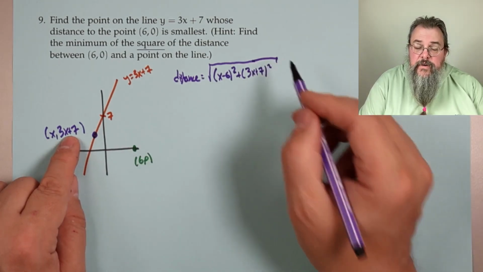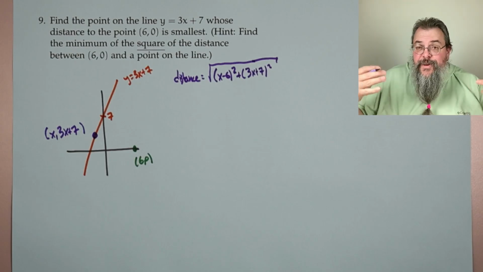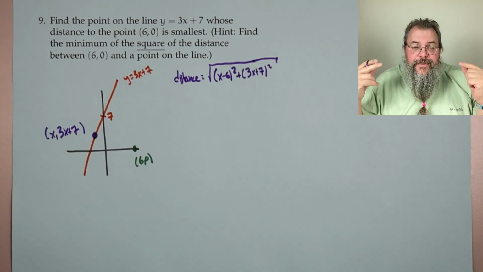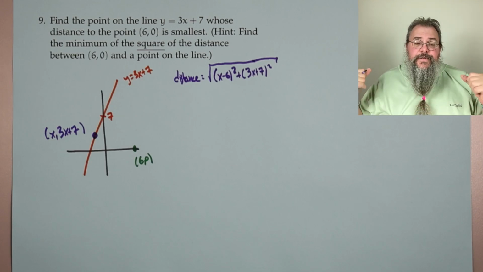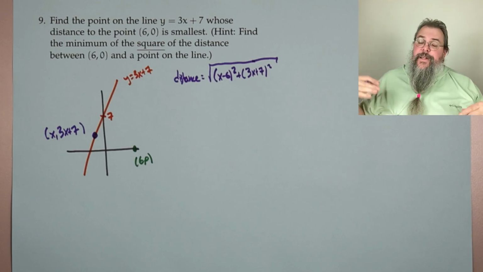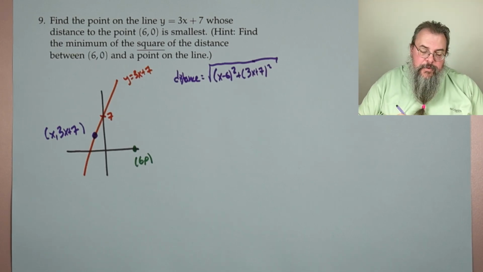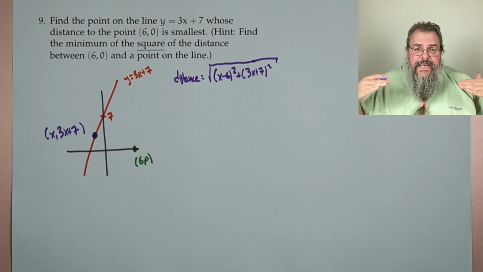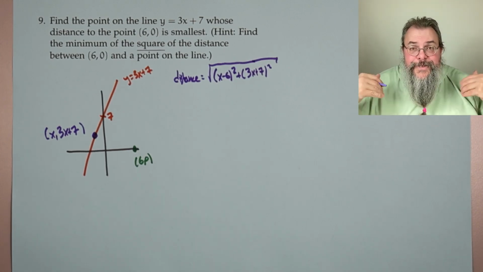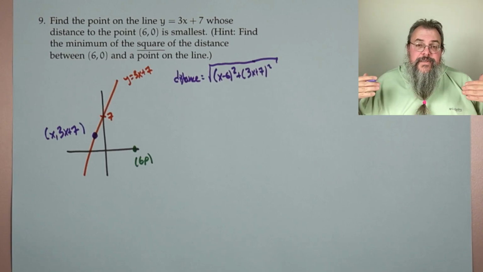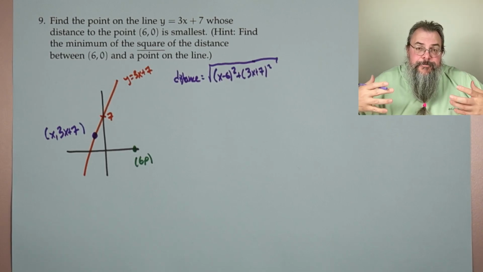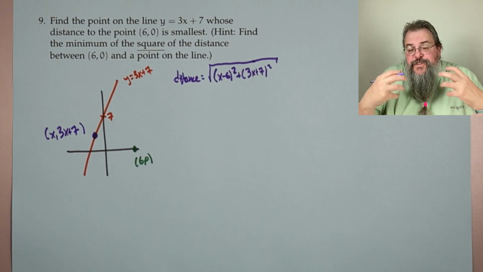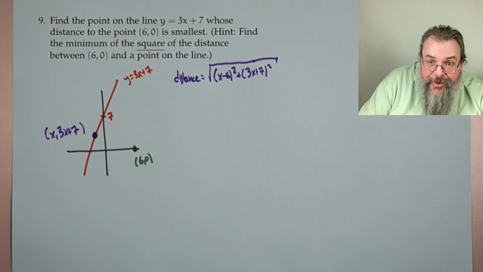And now our goal is to make this small. But we're going to think about the square root function. The square root function has lots of beautiful properties, but the one in particular that we need here is that it's what we call an increasing function, which means if your inside is bigger, your output is bigger. And in a similar way, if your inside is smaller, your output is smaller.